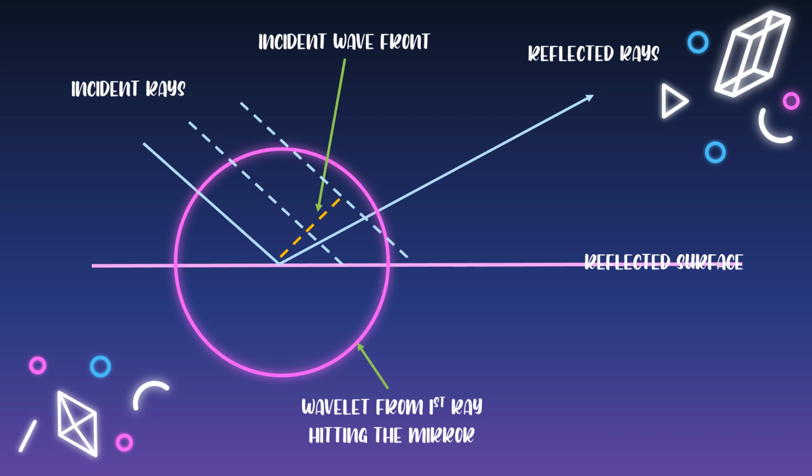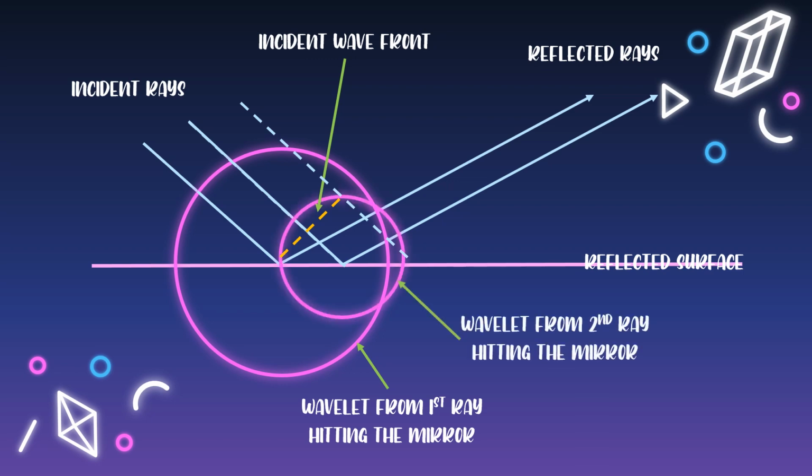This wavelet gets bigger with time. When the middle wave hits the surface, a wavelet starts at that point and this wavelet gets bigger in time also. During this time, the leftmost wavelet is already bigger. As you can see in the illustration, the first wavelet is bigger than the second wavelet.